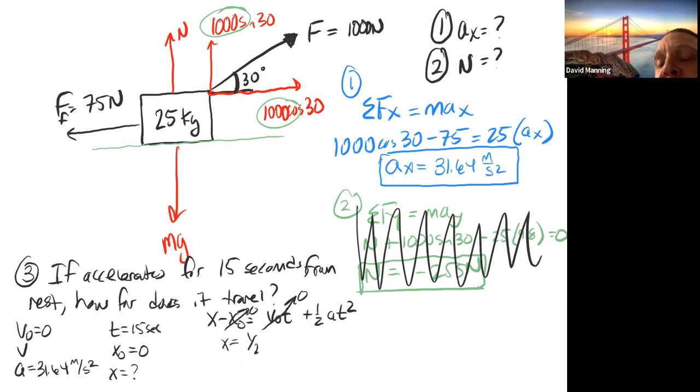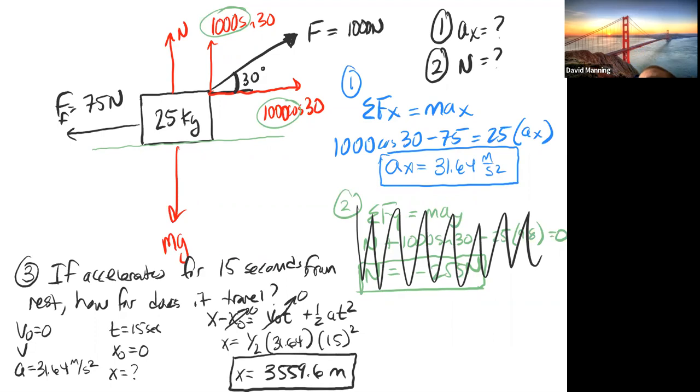X equals 1/2 times 31.64 times 15 squared, which is 3559.6 meters. That's how far we traveled. Does anybody have questions on this?